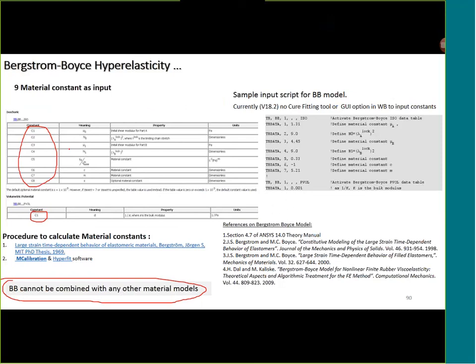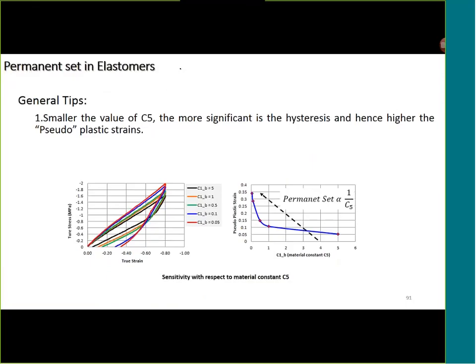Unfortunately, the material curve fitting for this material model is not available in Ansys, but there is a quite elaborate procedure explained in the Bergström PhD thesis, and also there are niche softwares like MCalibration or Hyperfit that can be used to determine these constants from the stress strain data.